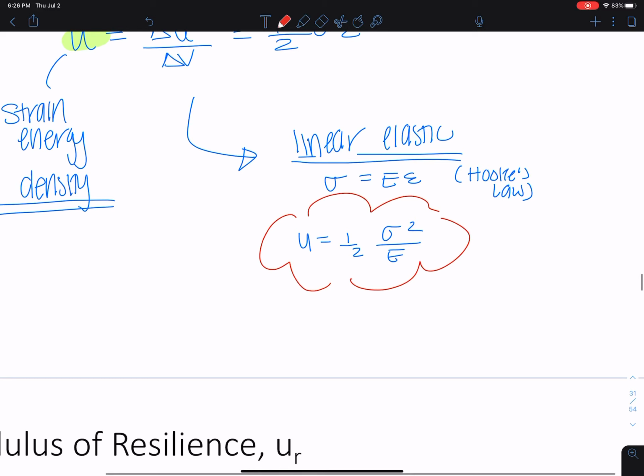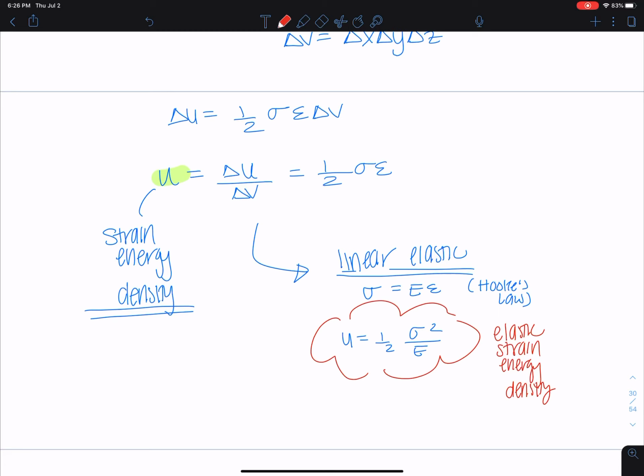And we call this, because this is elastic, elastic strain energy density. So another property that's important for these stress strain diagrams. Okay. So let's move along here.